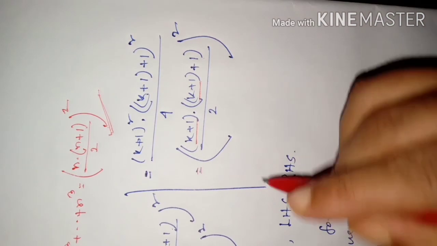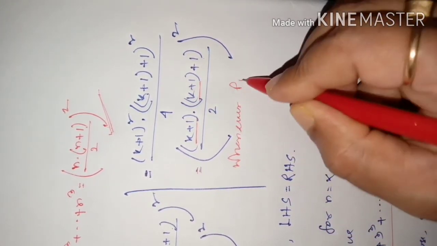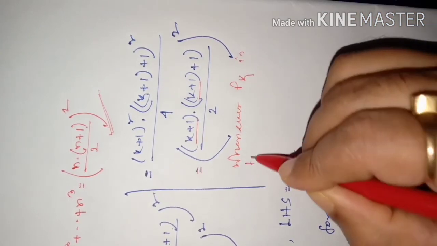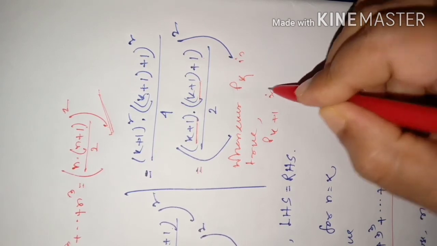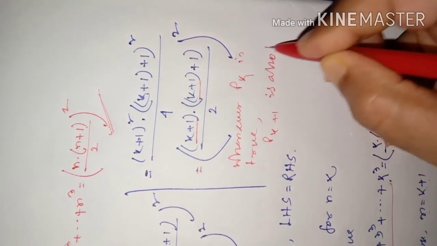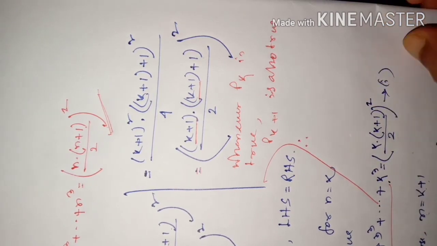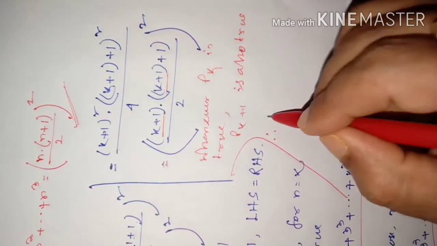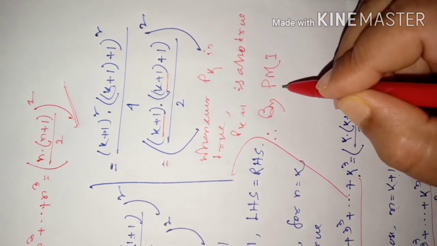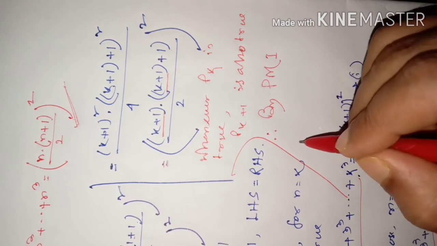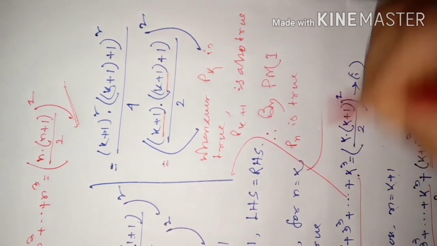So that means whenever pk is true, pk plus 1 is also true. Therefore pk plus 1 also is true. Therefore, by principle of mathematical induction, in short we will write PMI, that Pn is true. That means the given statement is true.